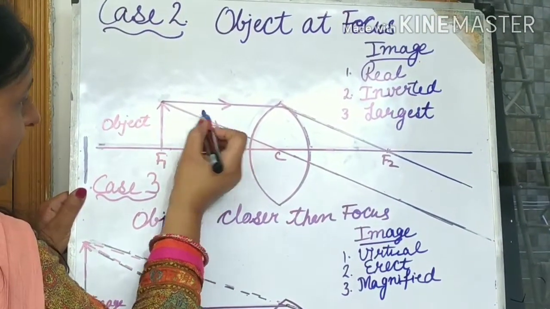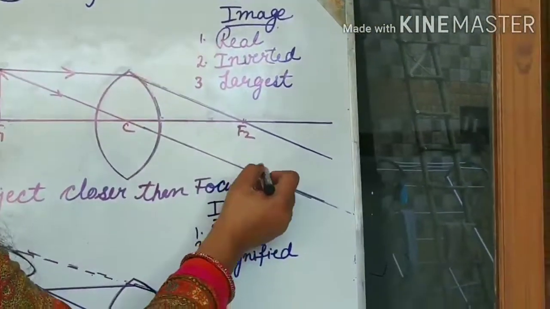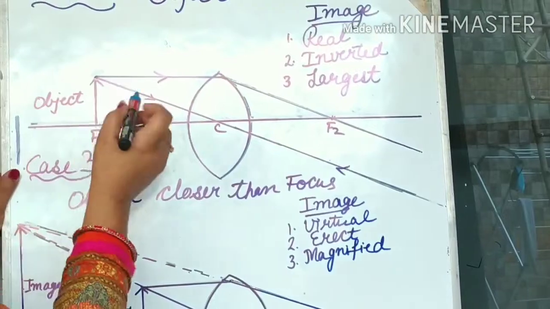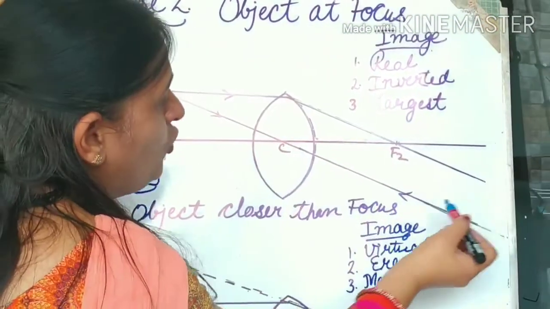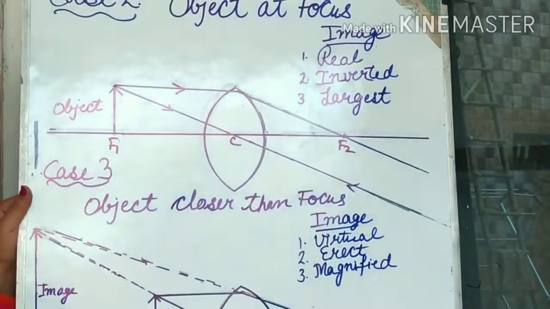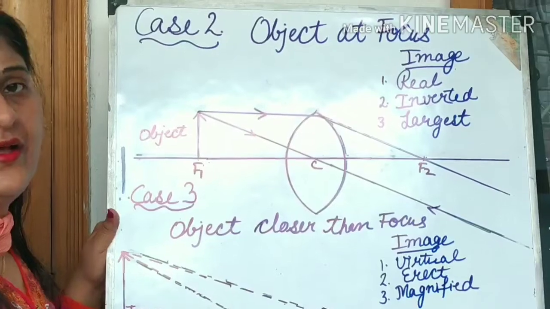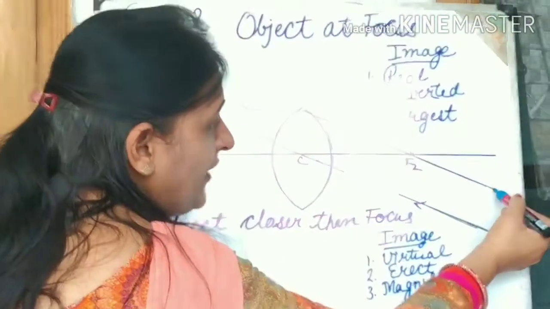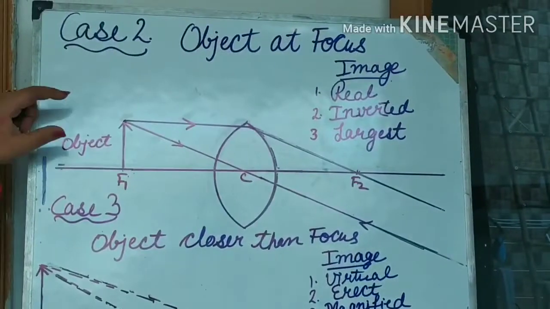This incident ray passes through the optic center, and it is retraced back. Now we can see that both the rays don't seem to meet, but they will meet at infinity. Infinity is a point that is very far away, but at that point these rays will meet and make the largest image of the object.